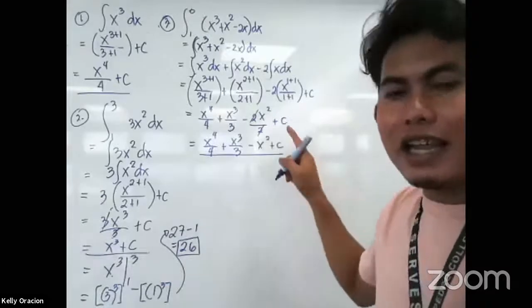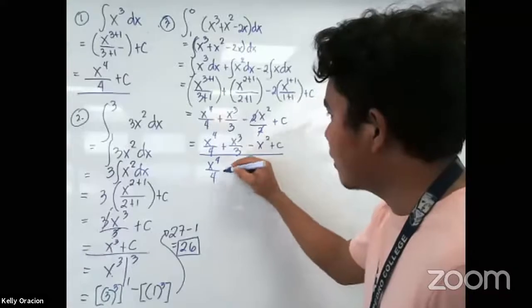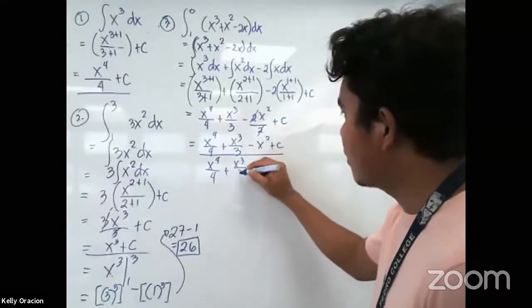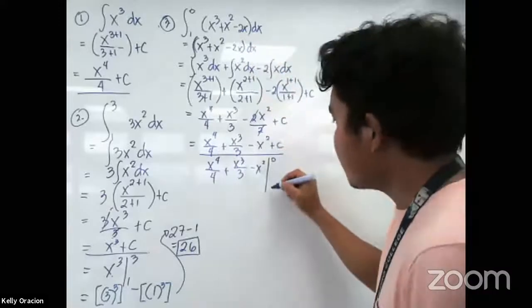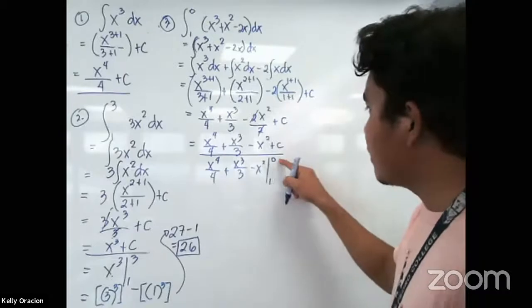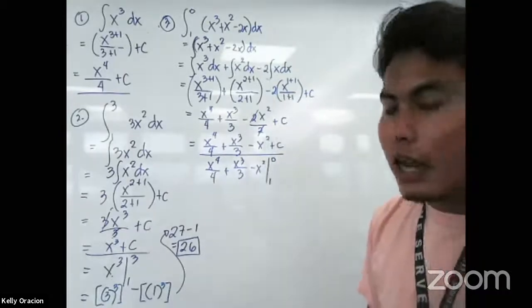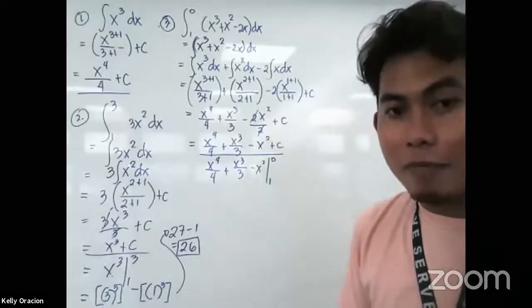So after getting the antiderivative, class, yan. So the upper limit is 0, the lower limit is 1. Of course, upper limit always ang mauna.